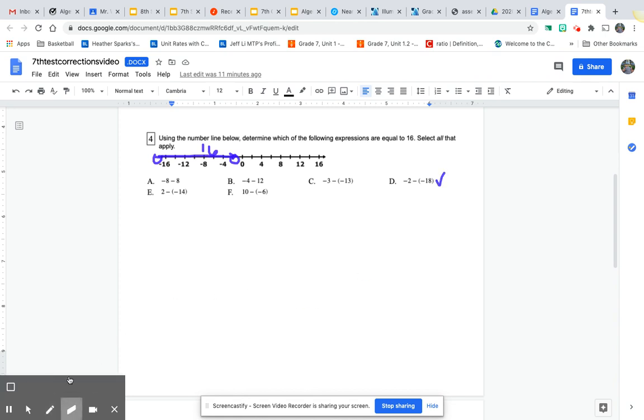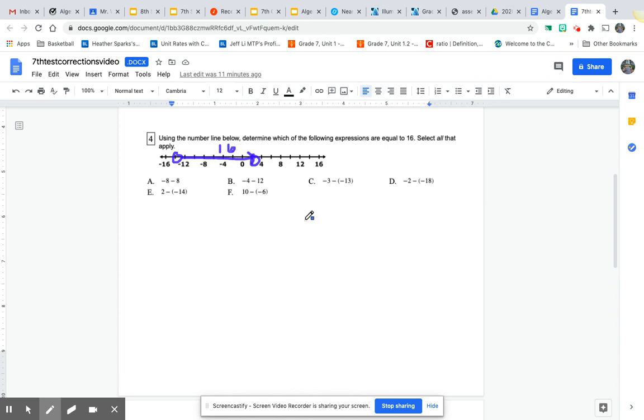Letter E, 2 minus -14. So you're starting at -14, which is right here, going all the way to the right to 2. That's right here. Remember, arrows to the right are positive, and the gap between -14 and 0 is 14, plus 2 more, +16.